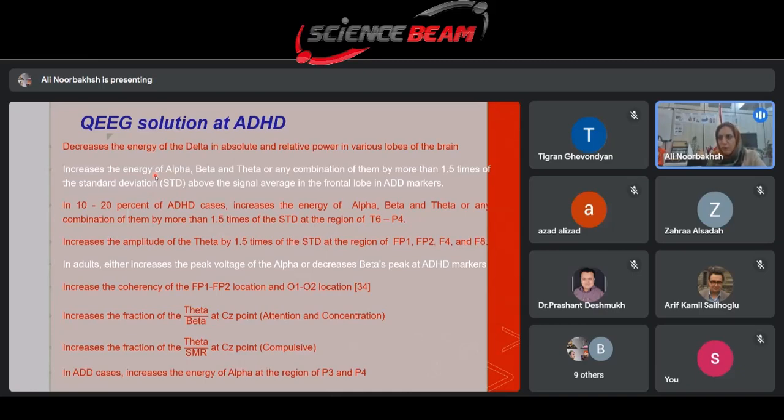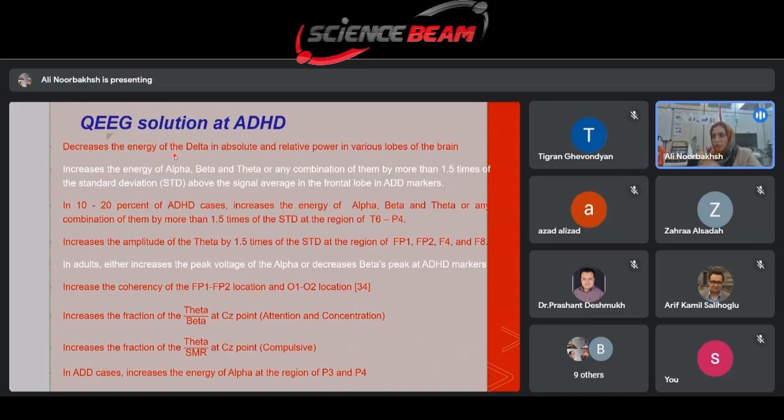Increase the amplitude of theta by 1.5 times the STD at the region of FP1, FP2, F4, and F8. Again, this is related to ADHD. Increase the coherency of the FP1, FP2 location, and O1, O2 location.